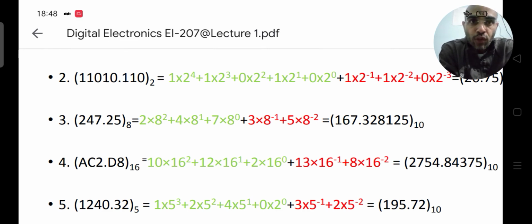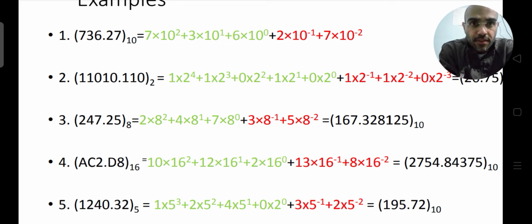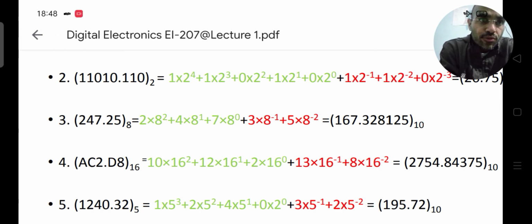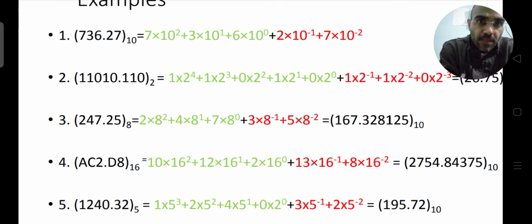Starting from the LSB side, it is 2 to the power 0, and you can see that 2 to the power 0 is multiplied with 0. So we have 0 into 2 to the power 0, and 2 to the power 0, as you know, will be 1.